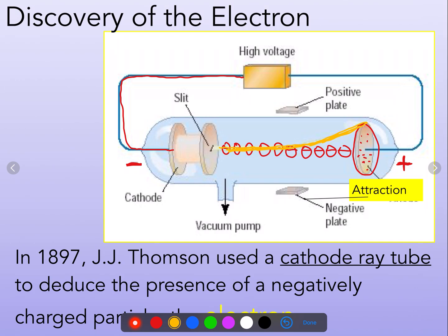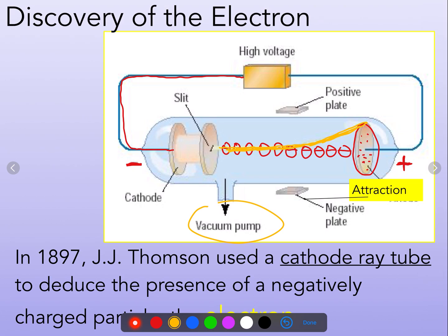Well, in a cathode ray tube, and I should point out, it's under low pressure. They didn't want the beam running into any particles. They just wanted a clear path. For example, you wouldn't want a gas in there picking up the beam because the gas could start glowing.